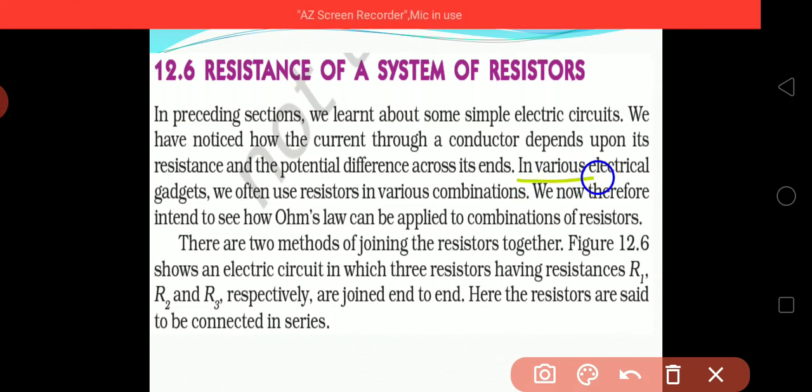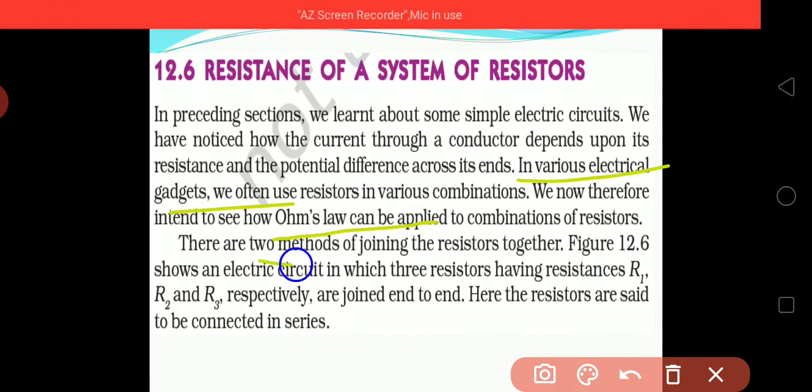In various electrical gadgets, we often use resistors in various combinations. We now therefore want to see how Ohm's law can be applied to combinations of resistors. Here we are using resistors that can be connected in series or parallel. We will study that.